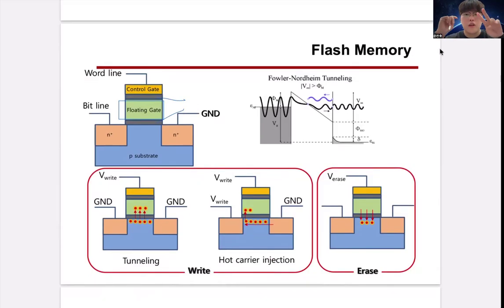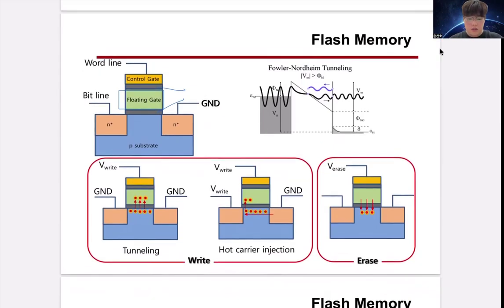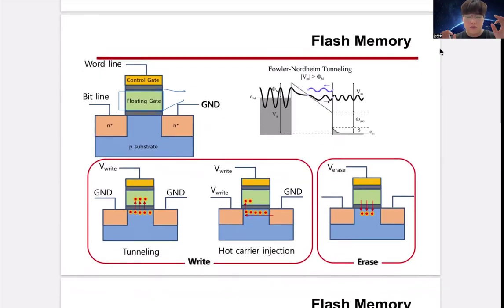There are two types of methods to write the data. The first is tunneling, and the second is hot carrier injection. I will explain the two methods of writing.